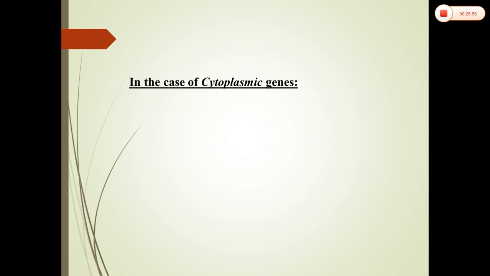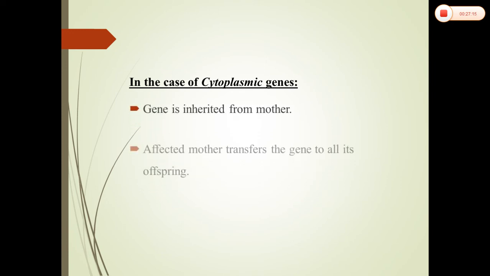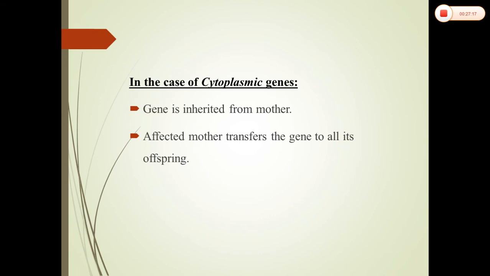Then sometimes a pedigree comes for a cytoplasmic gene also. We have seen examples of cytoplasmic inheritance, which we also call maternal inheritance. Suppose a particular character is transferred from the mother. The affected mother transfers the gene to all her offspring. Now how can you differentiate between sex-linked and cytoplasmic genes? As I told you, in sex-linked inheritance, male progenies are mostly affected.